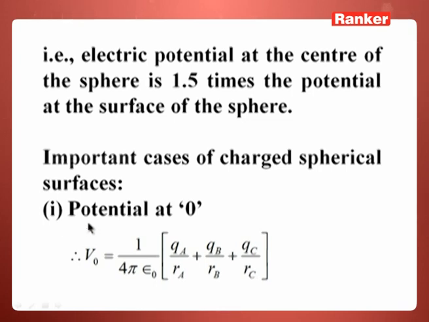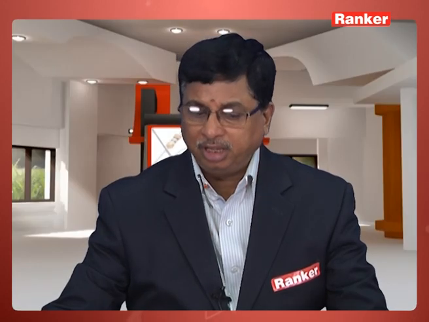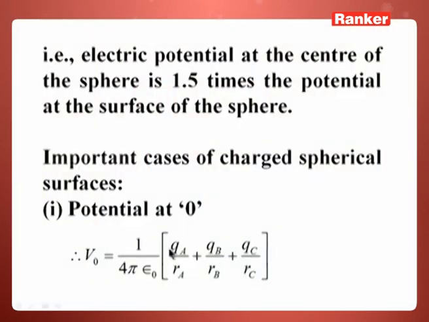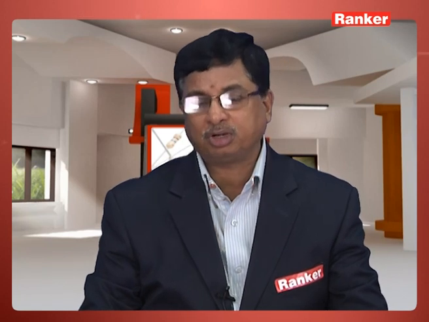So if they ask you the potential at the center, that is at the point O, you can directly write VO as 1 by 4 pi epsilon naught into QA by RA plus QB by RB plus QC by RC. This is one of the most important applications we have.